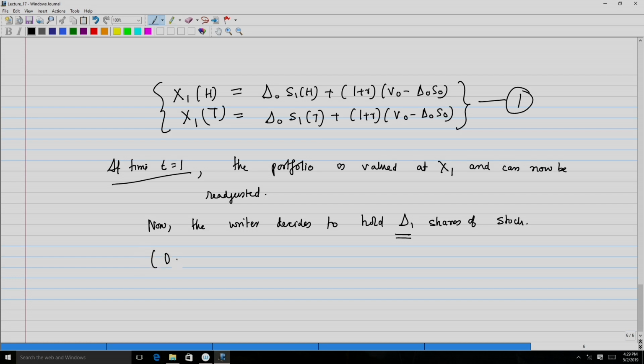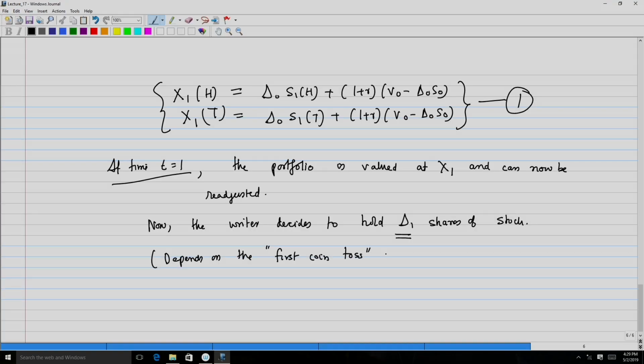This depends on the first coin toss, right. So, the decision of delta 1, which is yet to be ascertained, will depend on what has happened in the first coin toss. There will be one delta 1 value if the first coin toss was a head, and in case the first coin toss was a tail, the number of shares you own, that is delta 1, is likely to be something different.